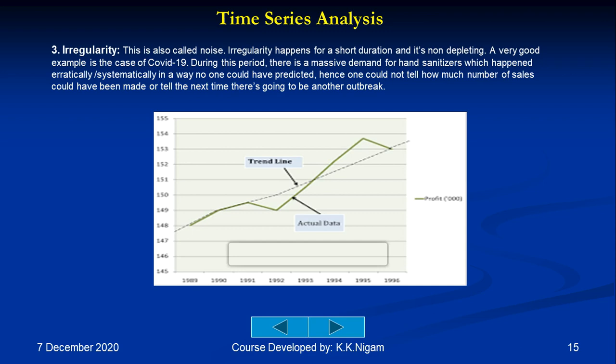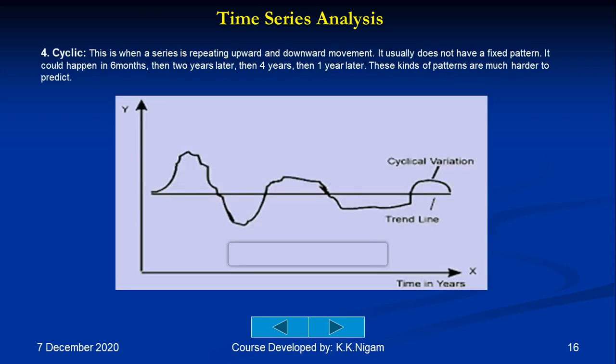Hence, one could not tell how many sales could have been made or tell when there is going to be another outbreak. COVID-19 of course is temporary, but definitely during this period we have all seen that the sale of all these kinds of items has increased to a very big level.